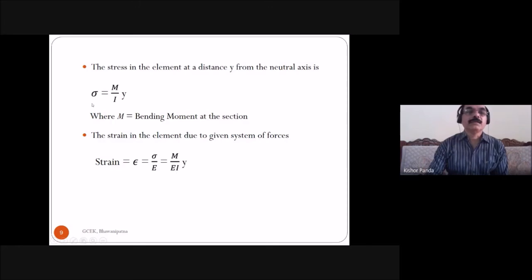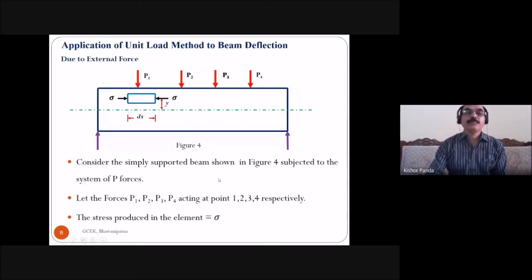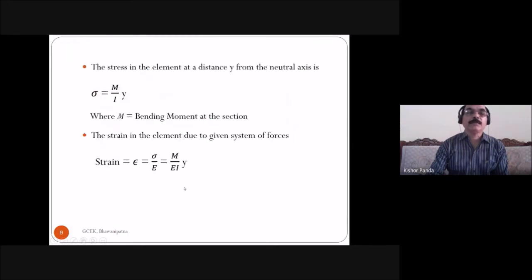So this is the stress and strain due to the system of forces P1, P2, P3, P4 acting on a simply supported beam: sigma is equal to M by I into y, and epsilon, the strain, is equal to M by EI into y.